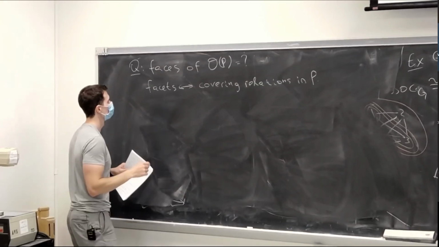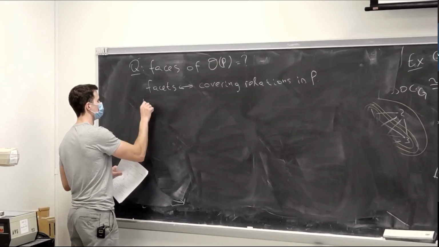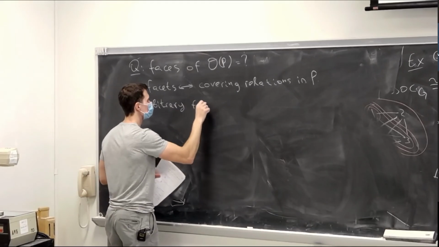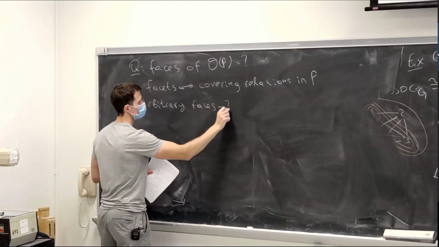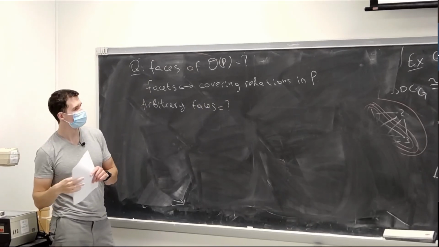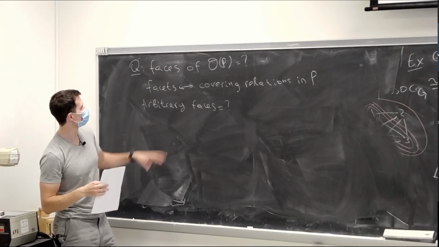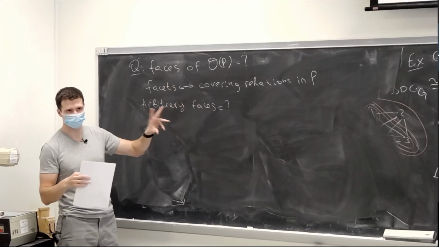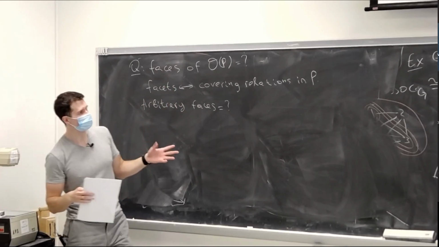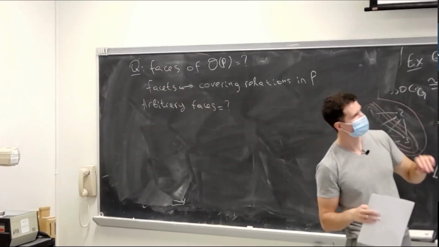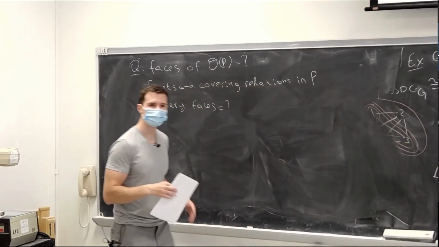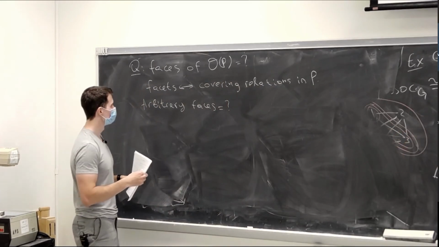And what about arbitrary faces? If it's arbitrary dimension, then it seems like you glue an arbitrary set of edges. You take the Hasse diagram, and then you choose an arbitrary set of edges and glue them, so you get a partition of your poset.